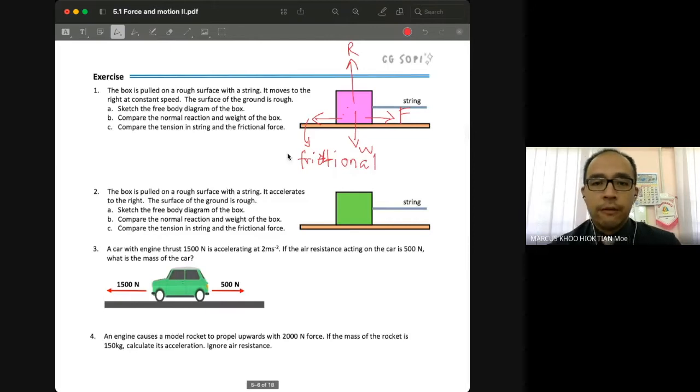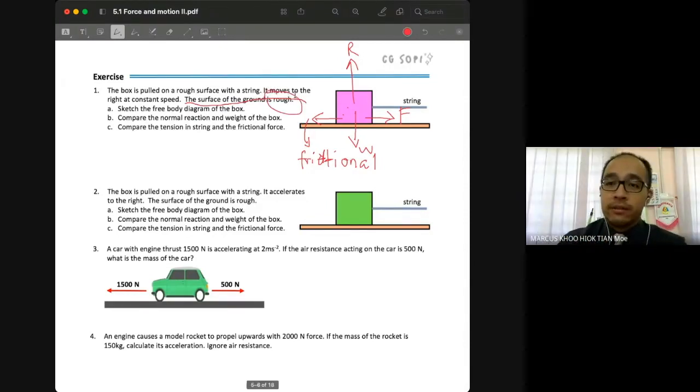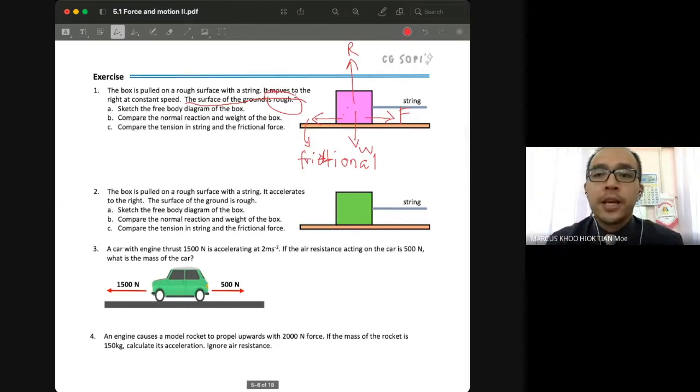Okay, so frictional force. How you know there is frictional force is because of this sentence: the surface of the ground is rough. Sorry, my handwriting. The surface of the ground is rough means there is friction. If the surface of the ground is smooth, like glass, then there's no friction.